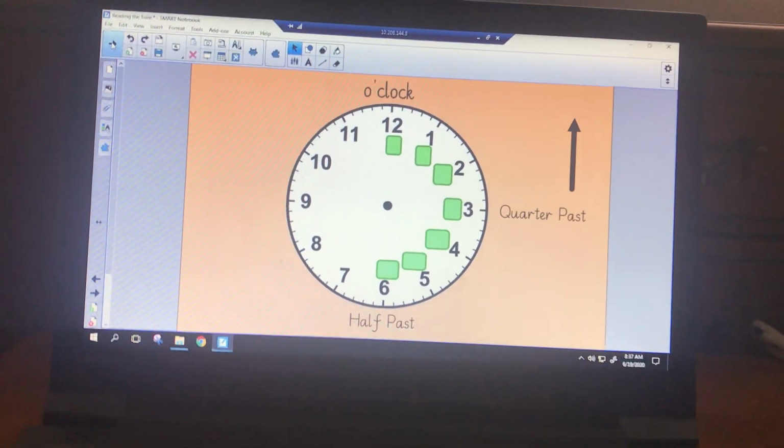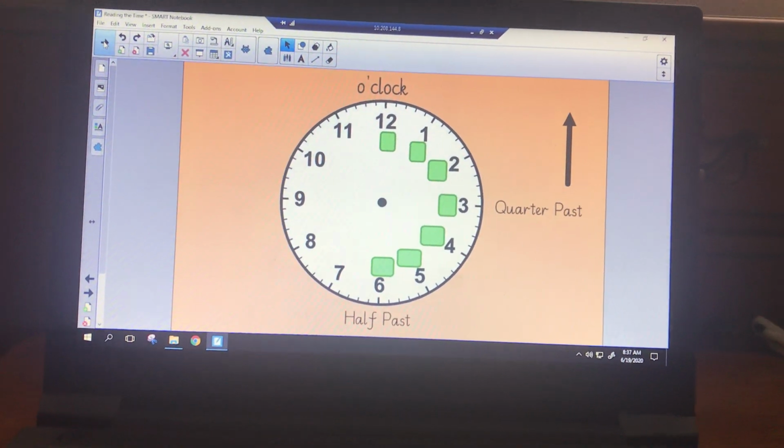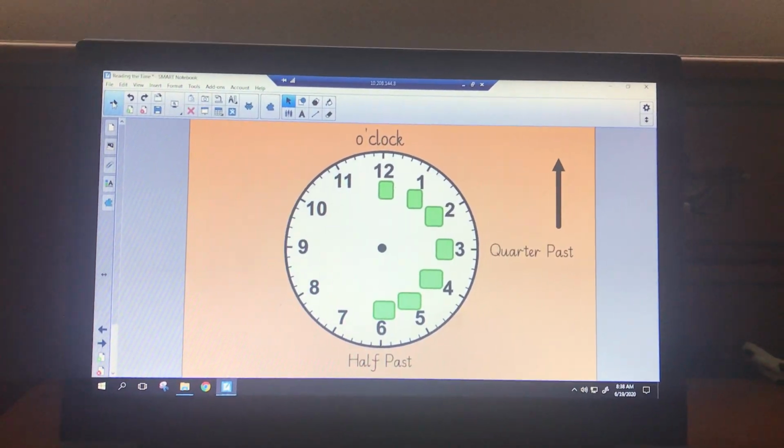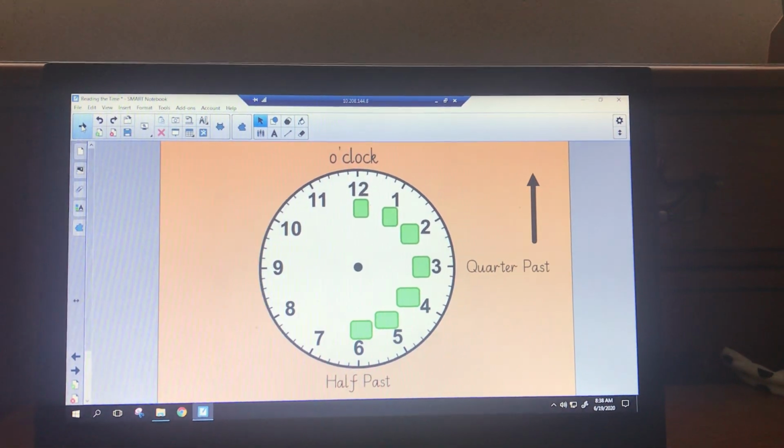So here I have back the clock face that we looked at to begin with, the analog clock face. I've taken off the hands again, but I have left some vocabulary.